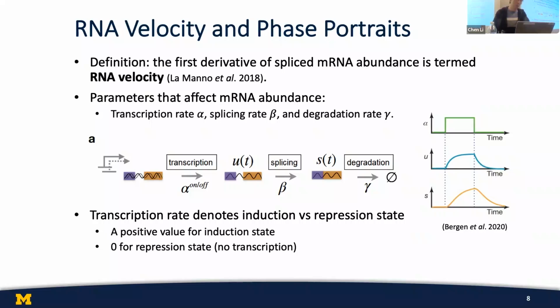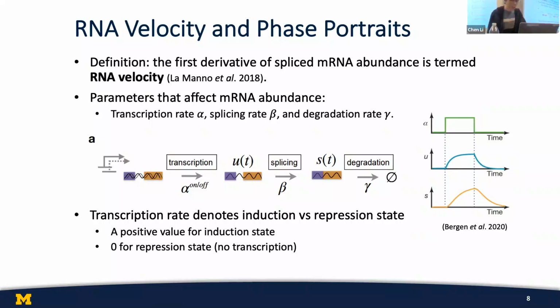For example, the transcription rate alpha tells how fast the unspliced pre-mRNA is produced. And then the splicing rate beta tells how fast the unspliced RNA is changed into spliced RNA. And then finally, the degradation rate gamma tells how fast the spliced RNA level drops.